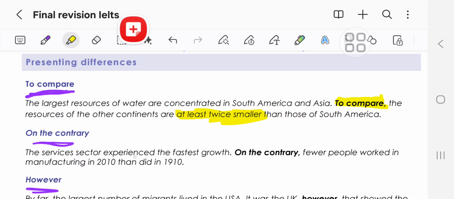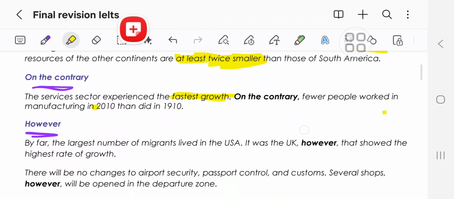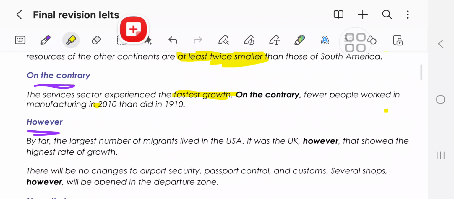On the contrary, the services sector experienced the fastest growth. Fewer people worked in manufacturing in 2010 than they did in 1910. On the contrary, comma, fewer people worked in manufacturing in 2010 than they did in 1910. Okay, however, by far the largest number of migrants lived in the USA.